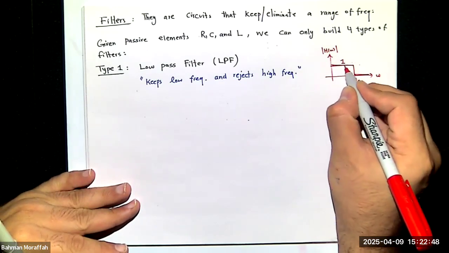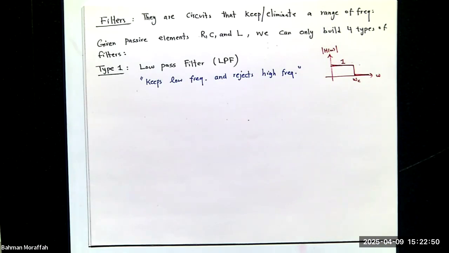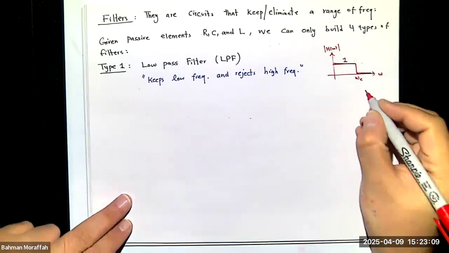And the value over here is 1. In a second, I'm going to explain why it should be 1. But that's what it looks like. What it says is that it's going to keep all the frequencies less than omega c and reject all the frequencies that are greater than this omega c. Right? We call this omega c the cutoff frequency.